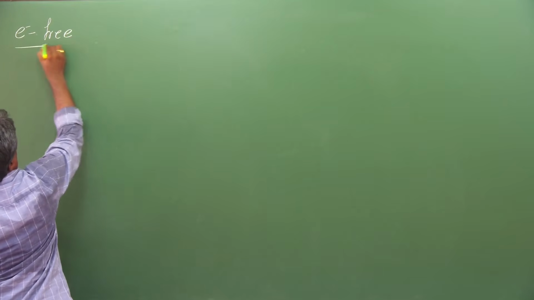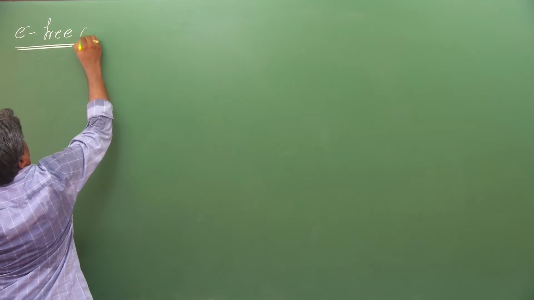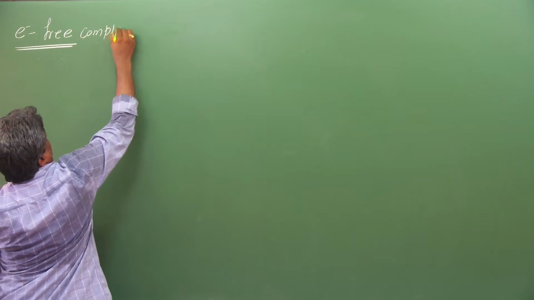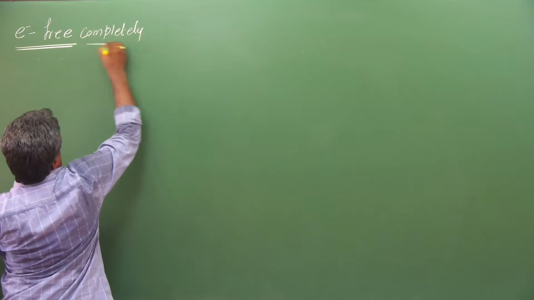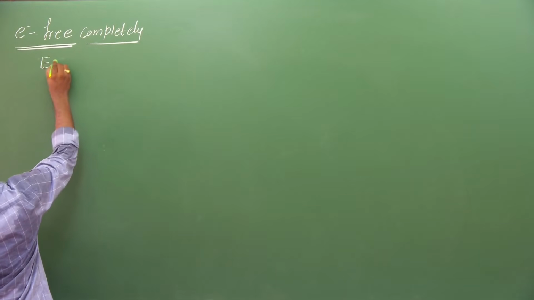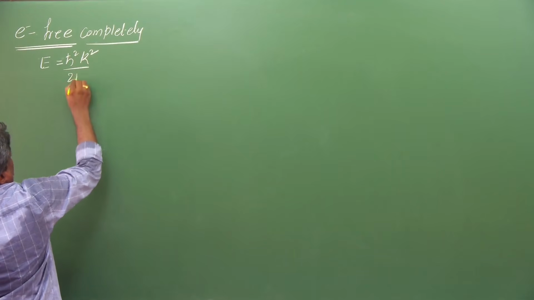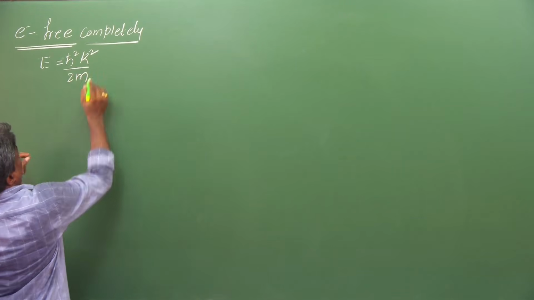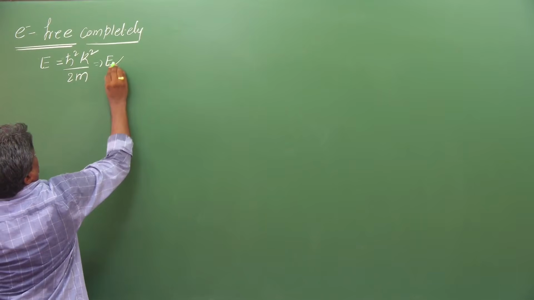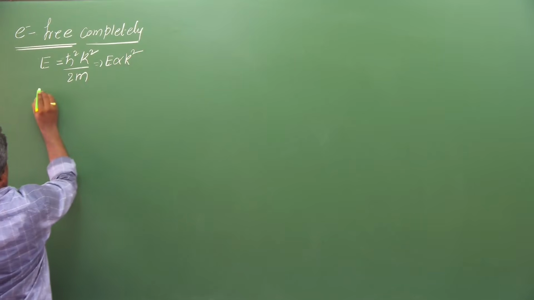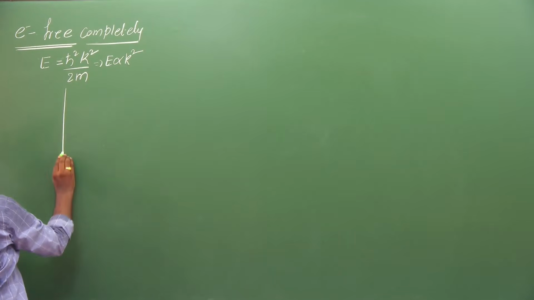If the electron is completely free, as I have already discussed, its energy equals h cross square k square by 2m. That implies energy is proportional to k square. So we got this spectrum.